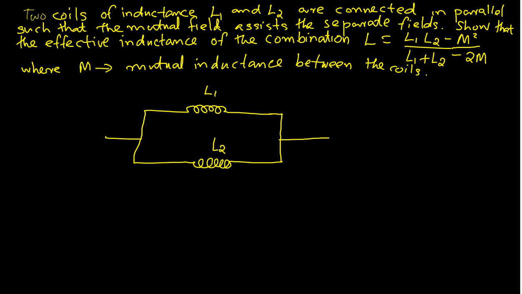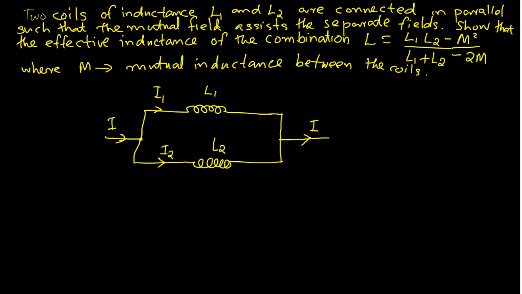Let a current I come from this side, and the same current I leave from this side. Let at this junction the current split into two, I1 and I2.